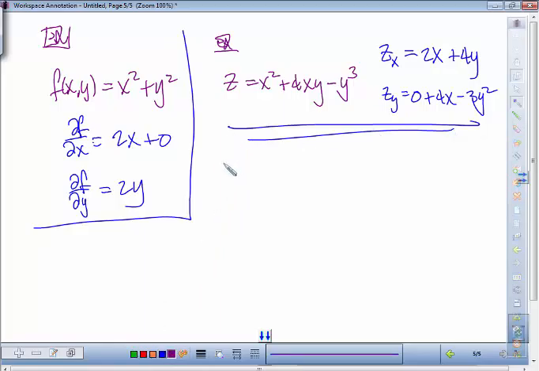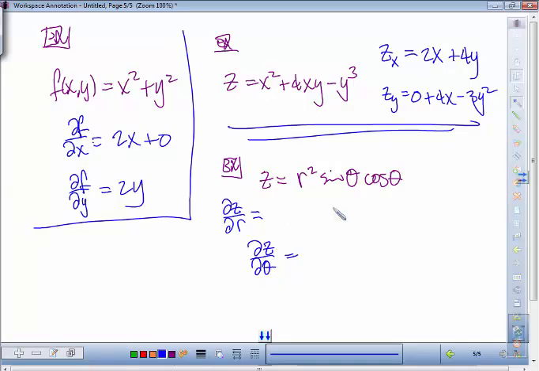Let's do one more. So this time I want to find the partial derivative of z with respect to r, and then the partial derivative of z with respect to theta.